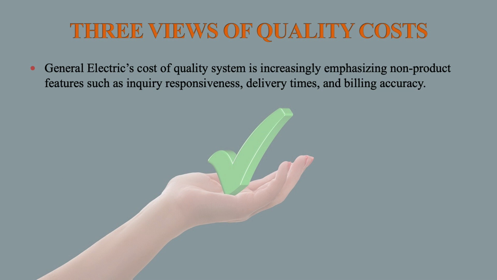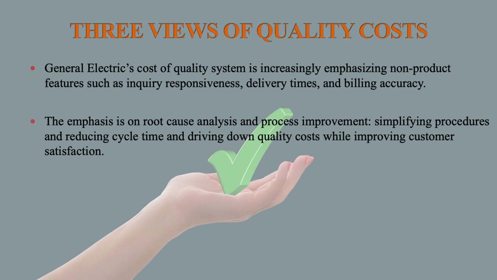General Electric's cost of quality system is increasingly emphasizing non-product features such as inquiry responsiveness, delivery times, and billing accuracy. The emphasis is on root cause analysis and process improvement, simplifying procedures and reducing cycle time and driving down quality costs while improving customer satisfaction.